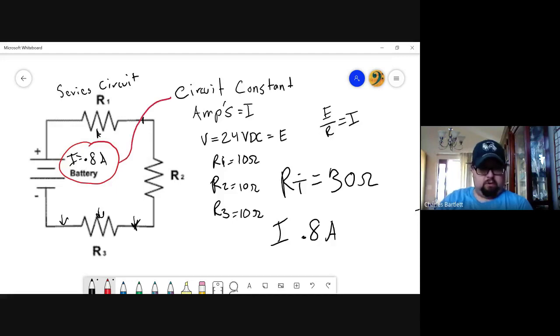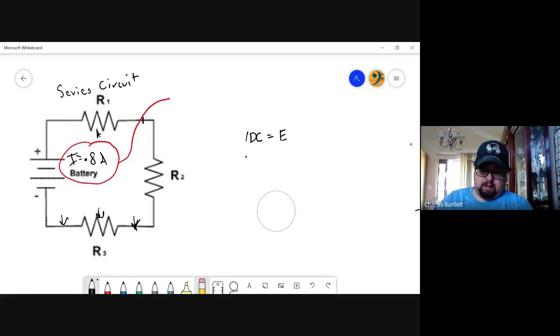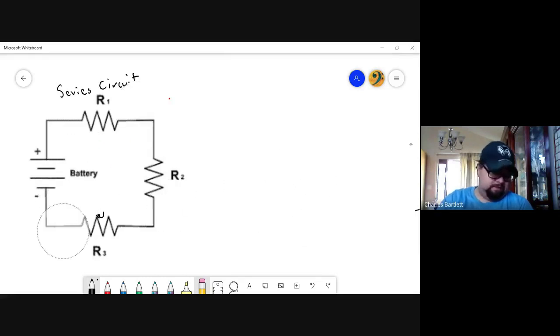Because amps is your circuit constant. And so often when we do problems with series circuits, that's what they want us to find: the amps. And it might ask a question like this: what is I1?